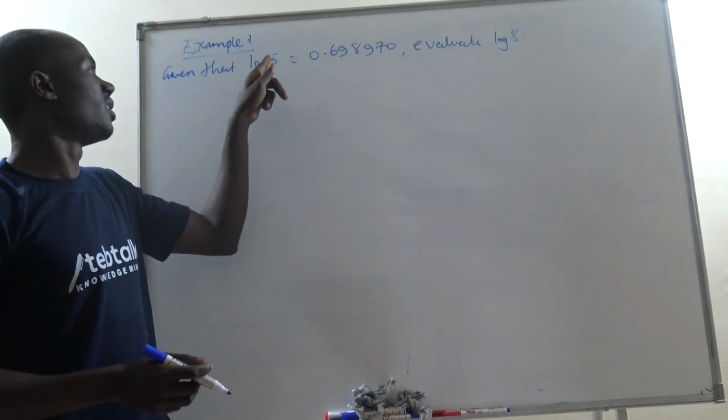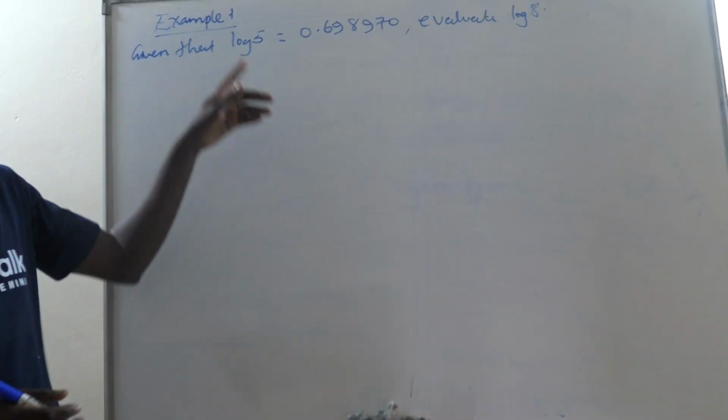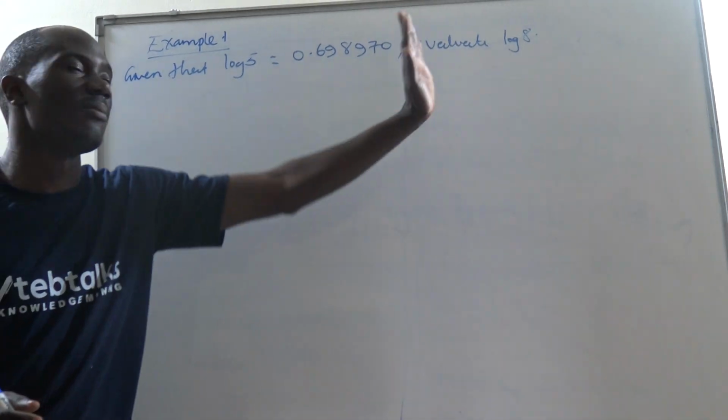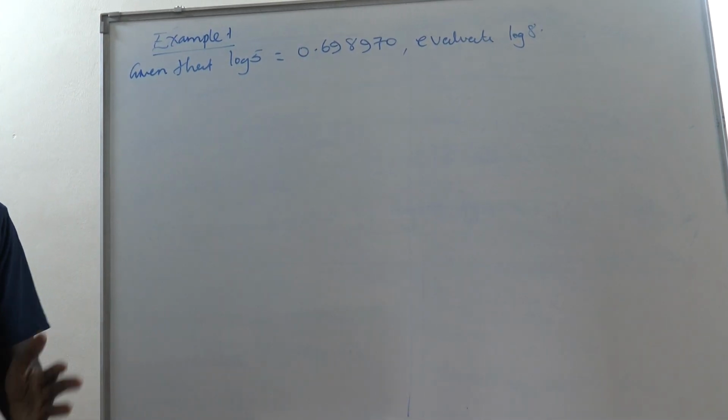You can see here, when they say log of 5, it means it's log of 5 to base 10. Even here the same, log of 8 to base 10.